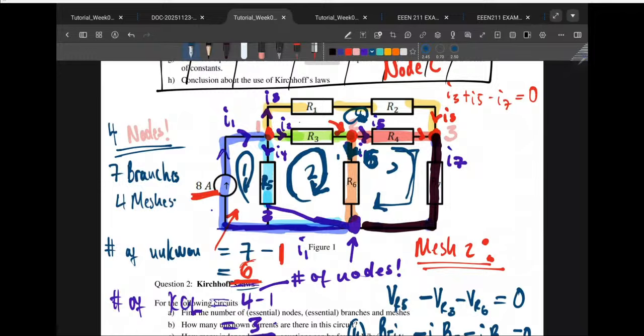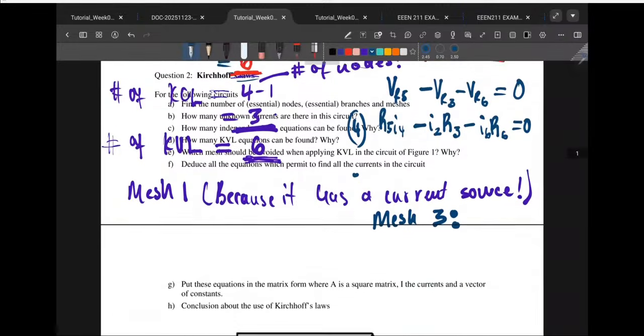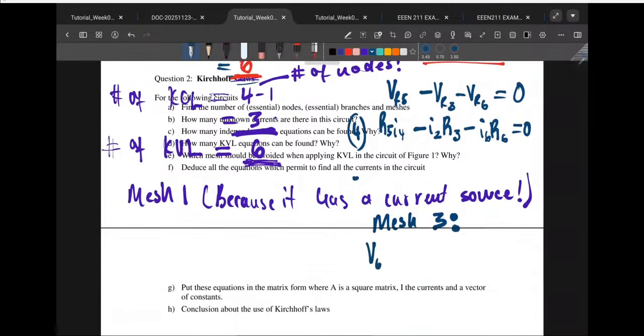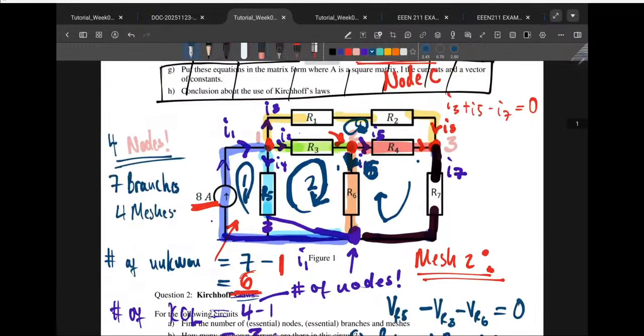So if I go like this, we are meeting branch current number 6, which is facing down, but we are going up, so it's going to be positive. If the directions are different, it's going to be positive. So VR6. Then what about R4? The branch current is facing there, and we are meeting the resistor here. If it's the same, then it's going to be negative. So minus VR4.